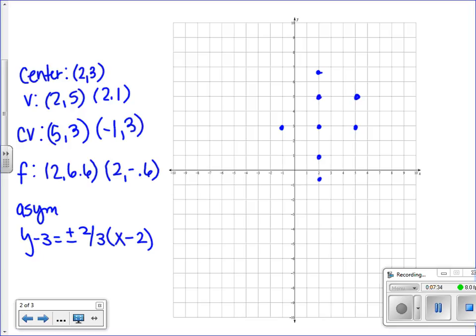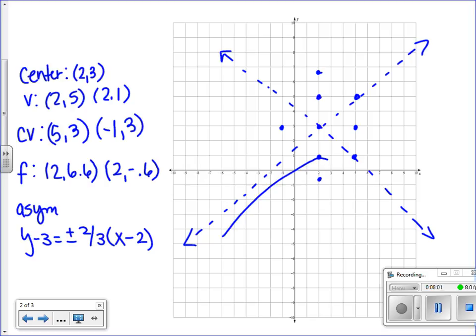Lines up those vertices and co-vertices. Right there, that's your next point. Draw in your asymptote. And then go down 2/3. See, look, lines up your vertices. And draw in your other asymptote. How much easier is that? So glad I finally had my coffee kick in and thought about that yesterday.